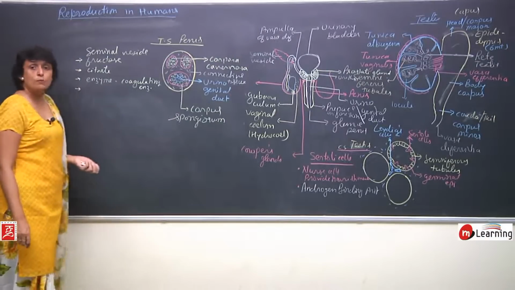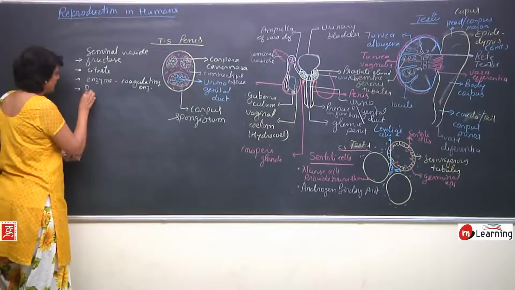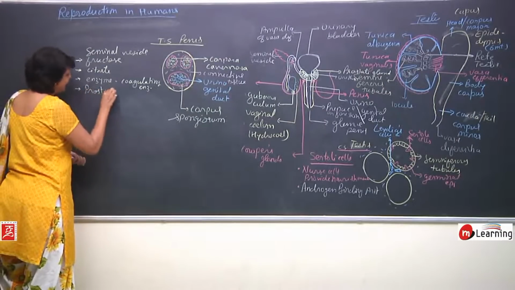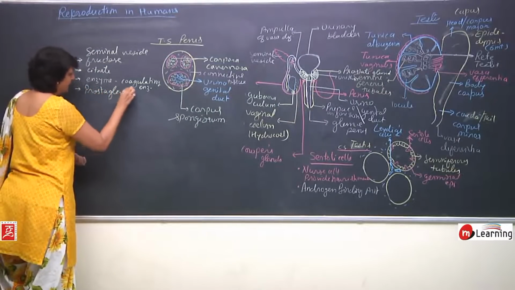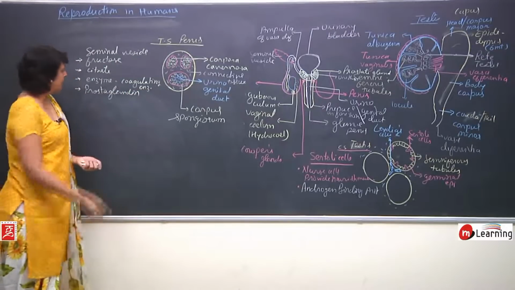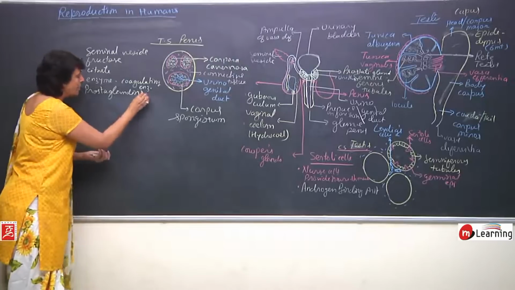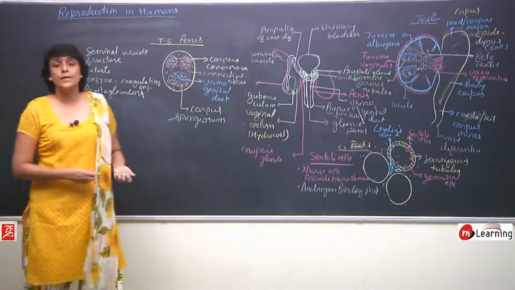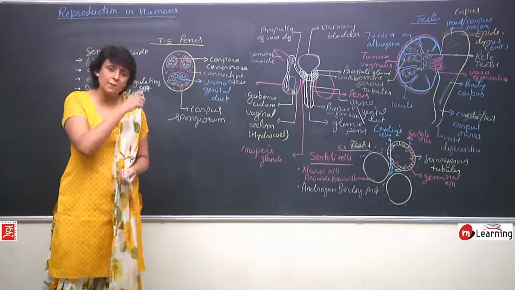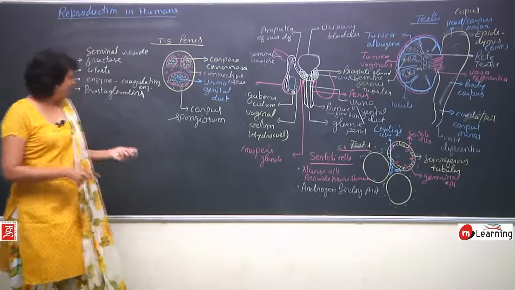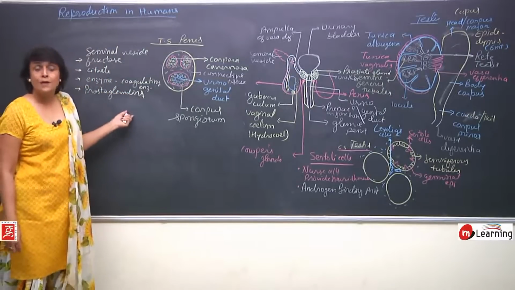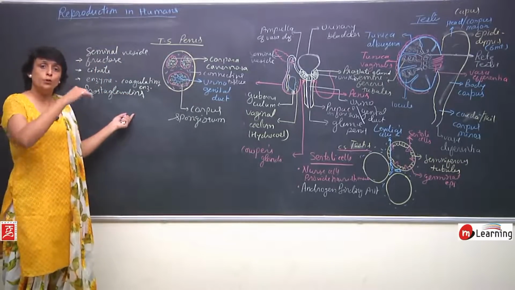And there is one more substance which is present, called prostaglandin. These prostaglandins help in the contractions of the female reproductive system, and these contractions will help the sperms move up to the egg.